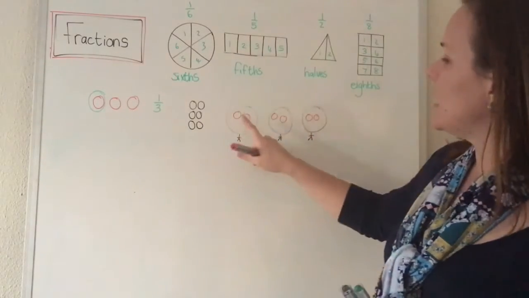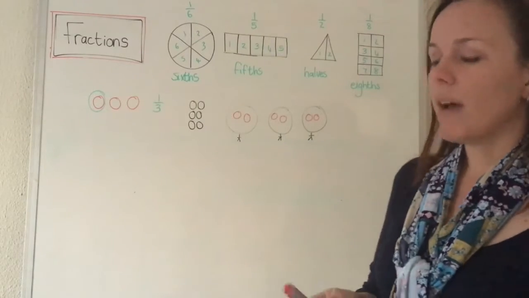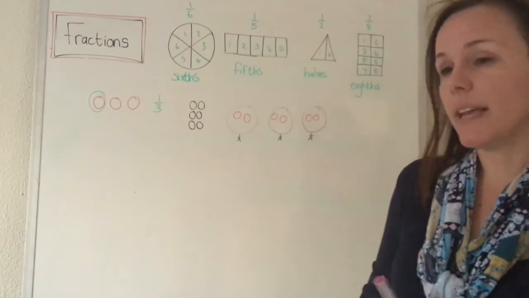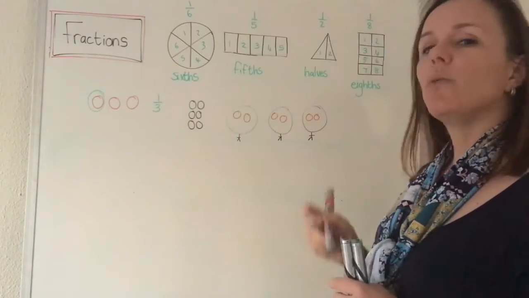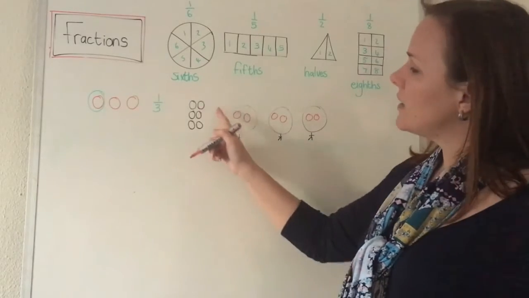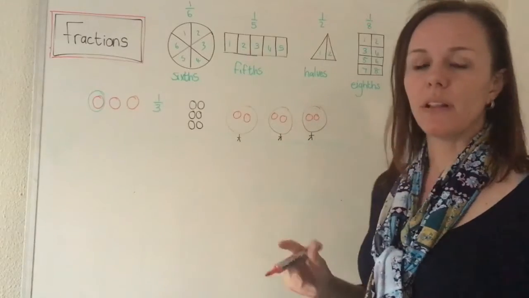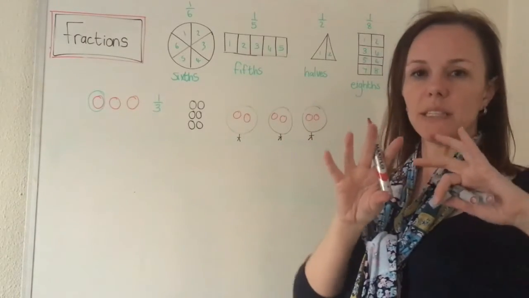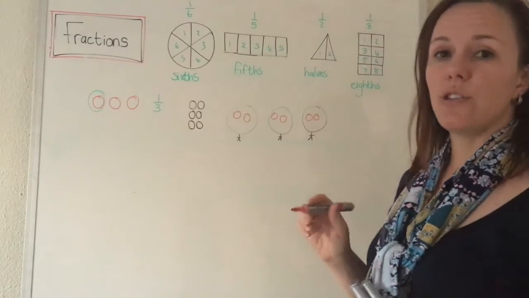1, 2, 3, 4, 5, 6 sweets. Each child will get 2 sweets, but what fraction will they get? The amount of sweets that they get is 2, but what fraction of the sweets did they get? I divided the sweets between 3 people. So I split the sweets into 3 parts, which means it's thirds.